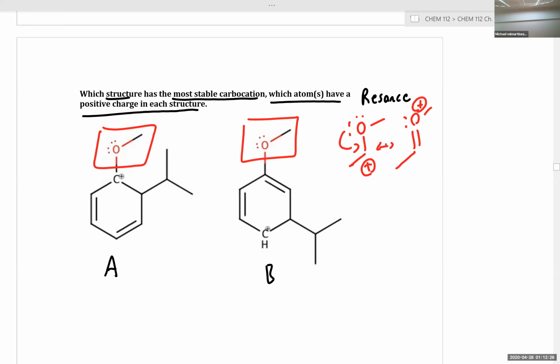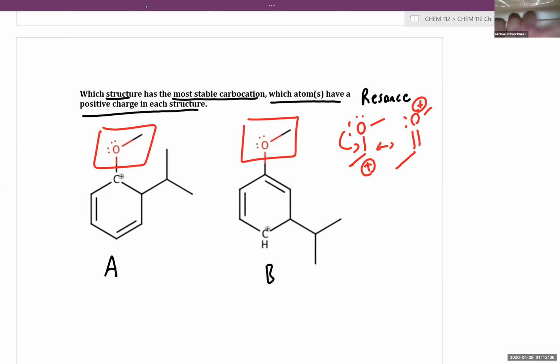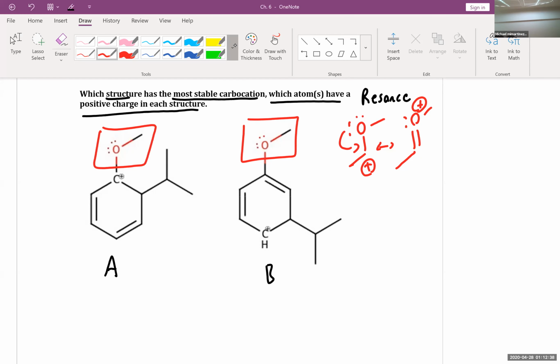So with that piece of information in mind, would anyone like to revise their response? So I see an even mix between A and B, but I see a lot more A's popping up now.